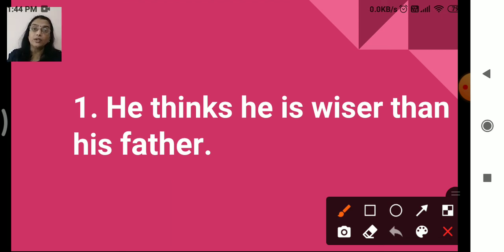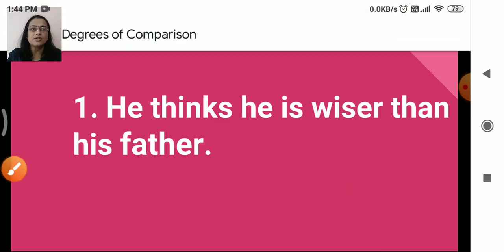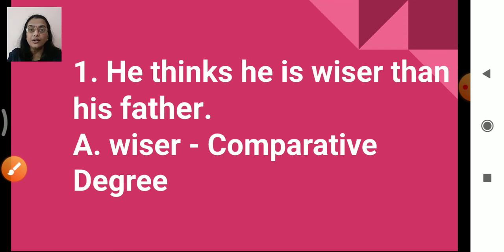We have to find out the adjective first in this sentence. Right? So what is the adjective here? Wiser. Isn't it? Now it is which form? ER is added. And comparison between two. Him and his father. He is compared to his father. So two are there. So we are using comparative degree. Wiser. Isn't it?